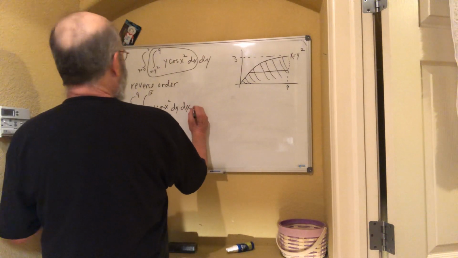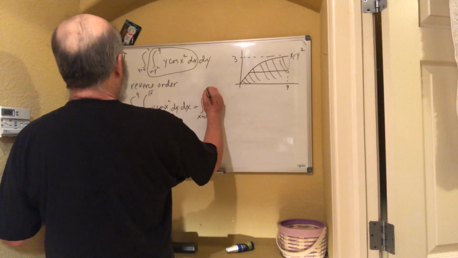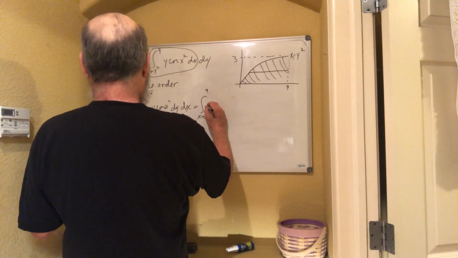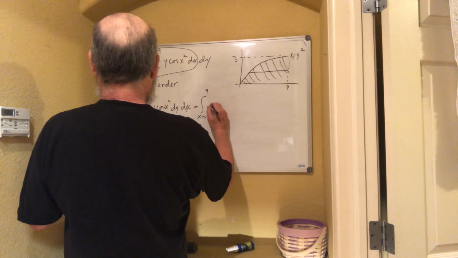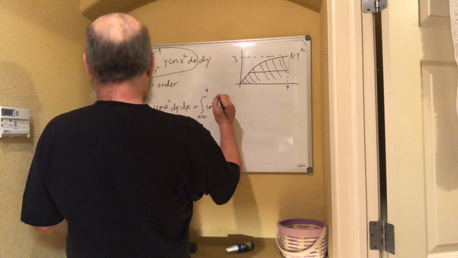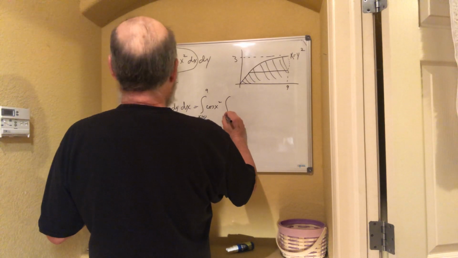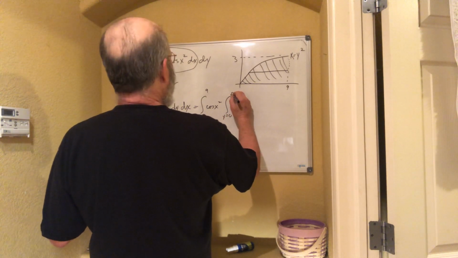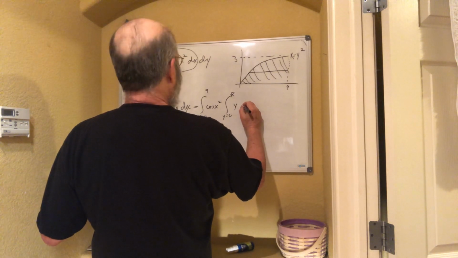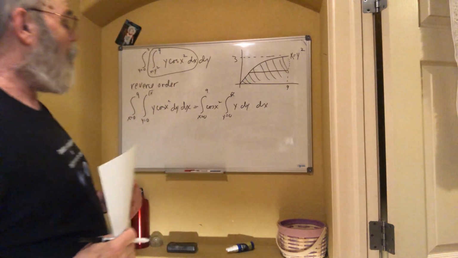So now let's look at this. My outer integral is x from 0 to 9. Then I would have the cosine of x squared going along for the ride, and then the y going from 0 to root x of y dy, and then dx on the outside.